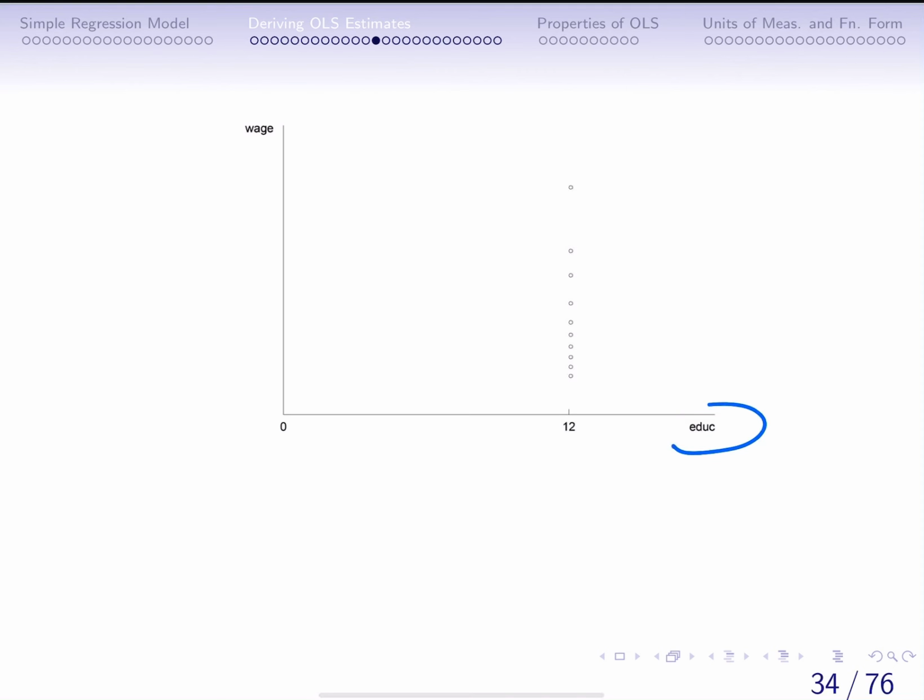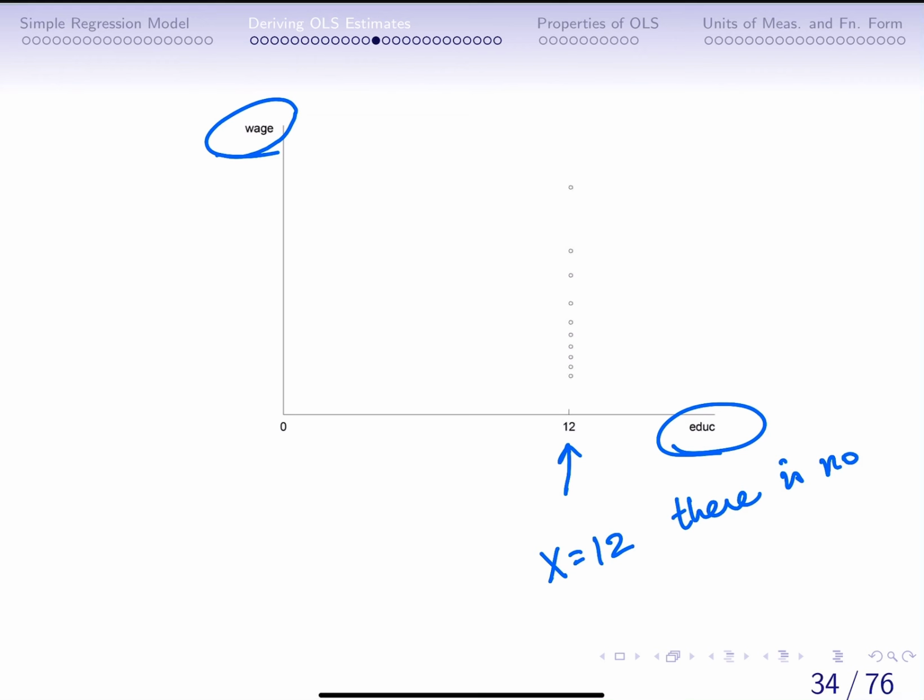So notice here we have education on the x-axis and wages on the y-axis, and for 12 years of education, for x equals 12, there is no variation in y.